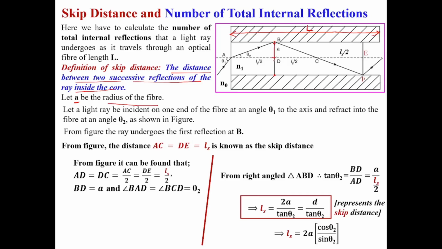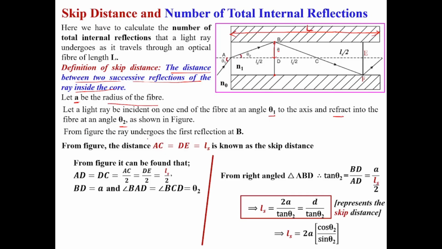So obviously B to D is the radius of the fiber or the core. We consider it as a. Let a light ray be incident on one end of the fiber at an angle theta 1. Here theta 1 is the incident angle, and theta 2 is the refracted angle inside the core.